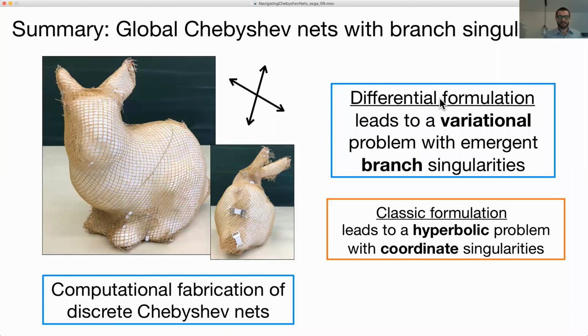So the idea is that by harnessing differential geometry, both reformulating in the smooth case and then combining it with discrete theory, it could help you to overcome a global optimization problem that may seem very daunting to begin with.